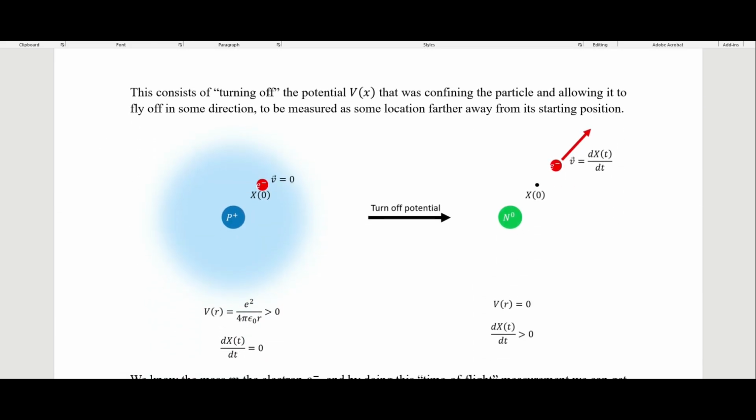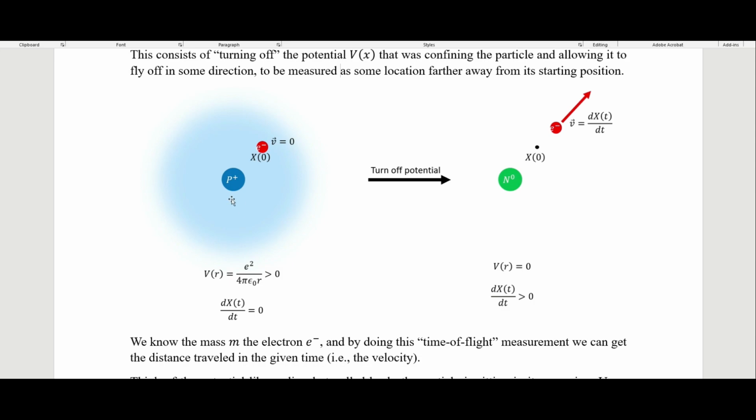This consists of turning off the potential that was confining the particle and allowing it to fly off in some direction to be measured at some location farther away from the starting position. We can think of it like this. We have this electron that's just sitting still, so its velocity is 0 at some position in this potential around our proton.